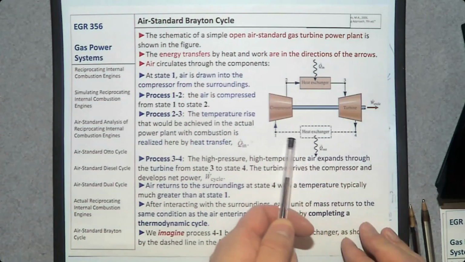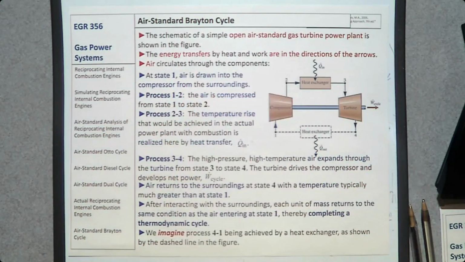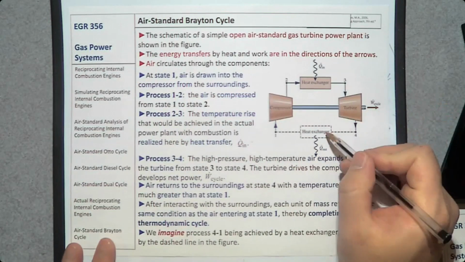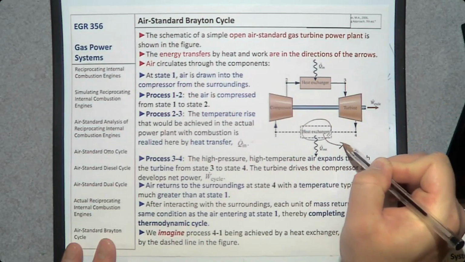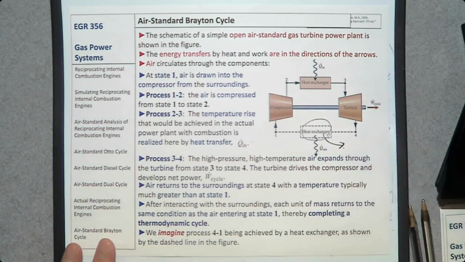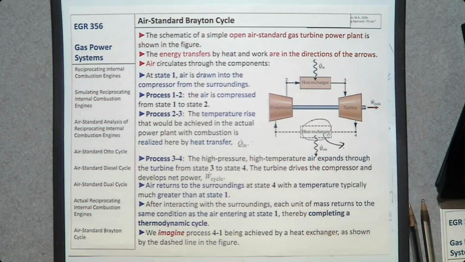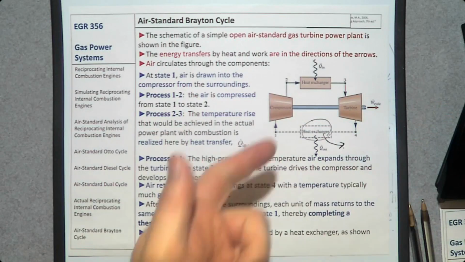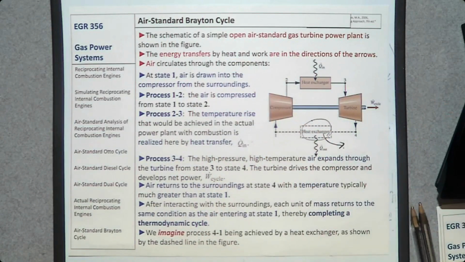And to complete this cycle, in this air standard Brayton cycle, we are going to introduce a heat exchanger. That's where we reject waste heat. Okay, and that is also constant pressure. So we have isentropic compressor, isentropic turbine, and constant pressure heat addition, constant pressure heat rejection.